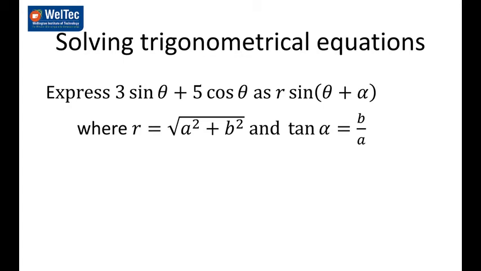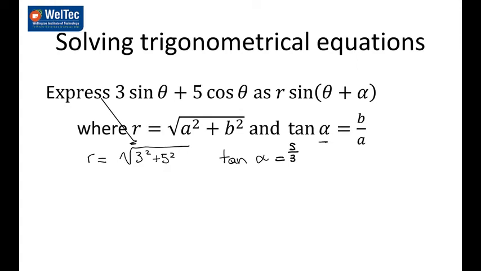For this equation, again, we need to find R and alpha. So R is equal to the square root of A squared plus B squared. So it would be the square root of 3 squared plus 5 squared, and tan alpha is equal to B over A, and that would be 5 over 3.